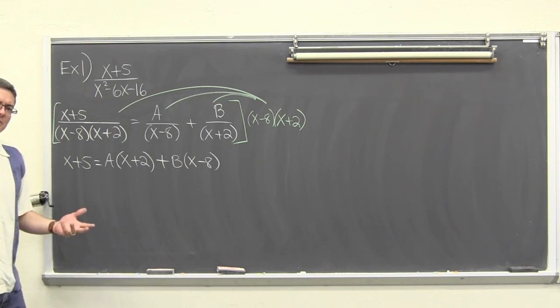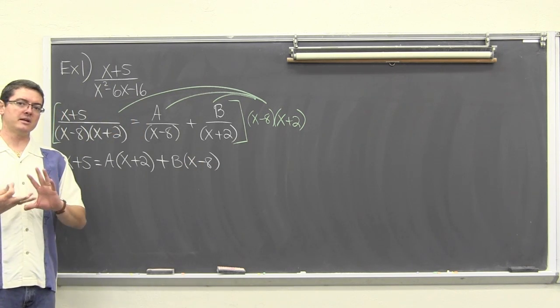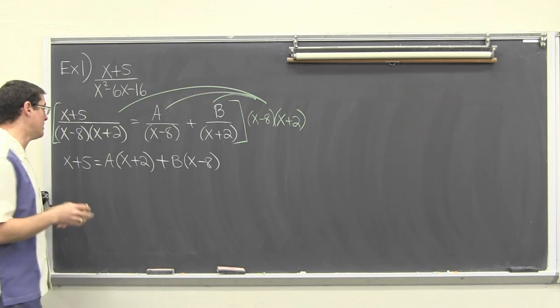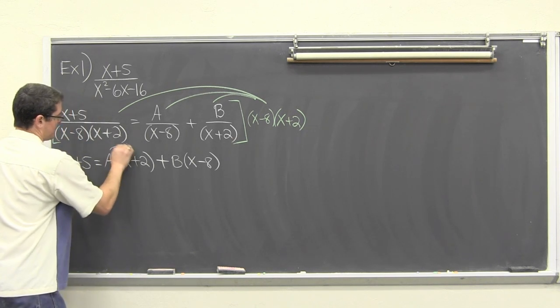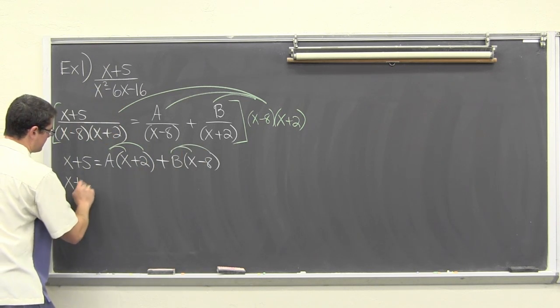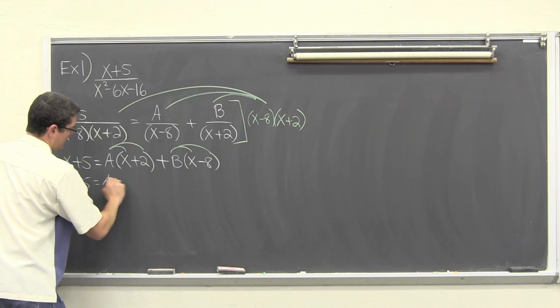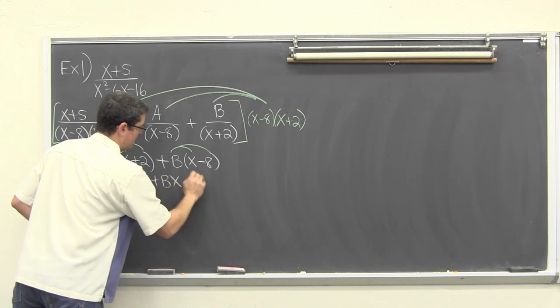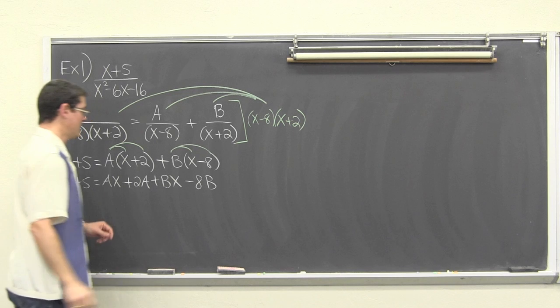Okay, we need to simplify this and ultimately get it organized enough to set up a little system of equations to find out what a and b are. So that means we're going to have to get rid of parentheses. So we have x plus 5 equals ax plus 2a plus bx minus 8b.